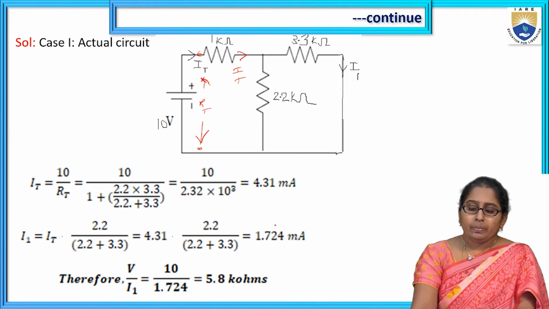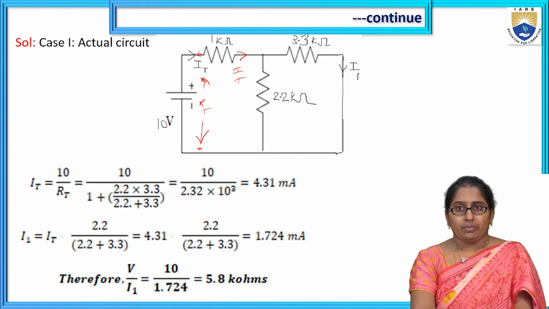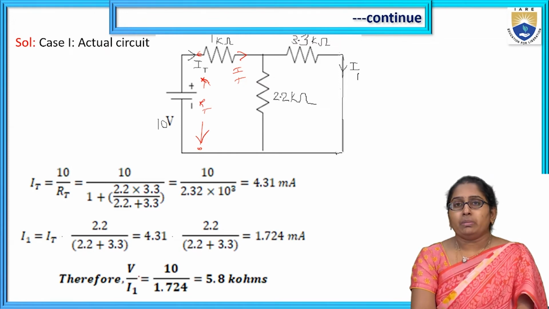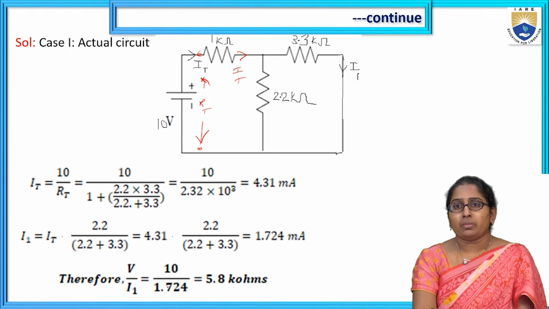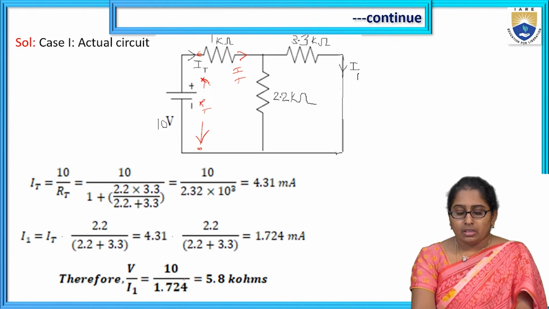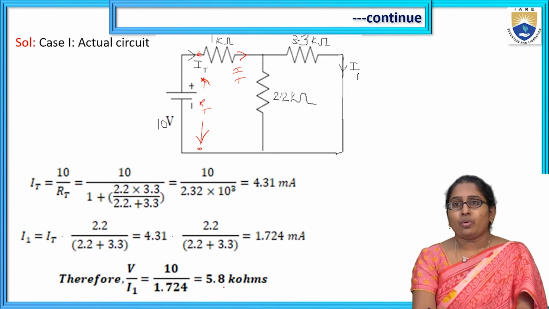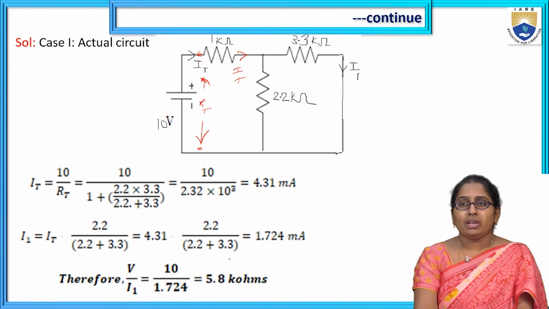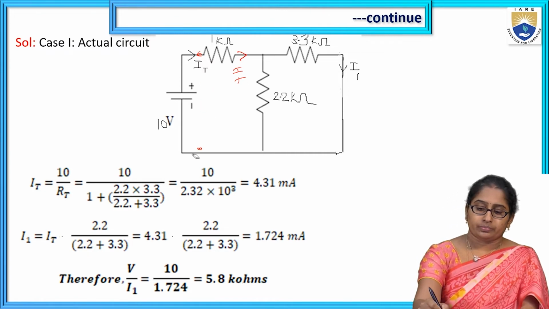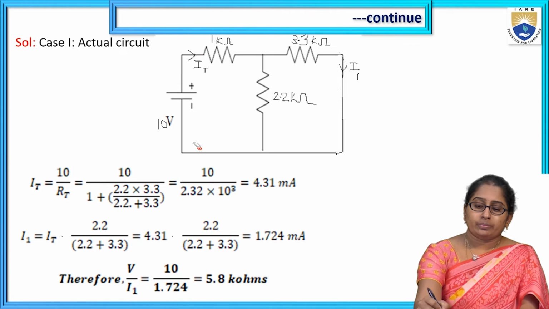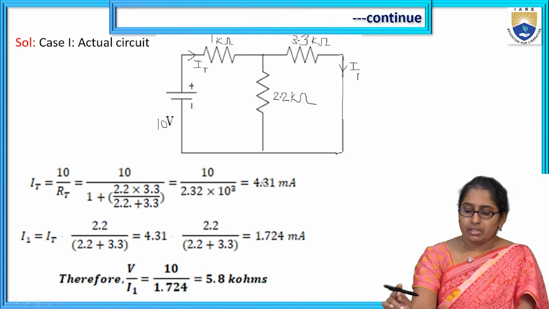Finally, the ratio V by I1 is 10 divided by 1.724 milliamperes, which gives 5.8 kilo ohms. So that is case one.